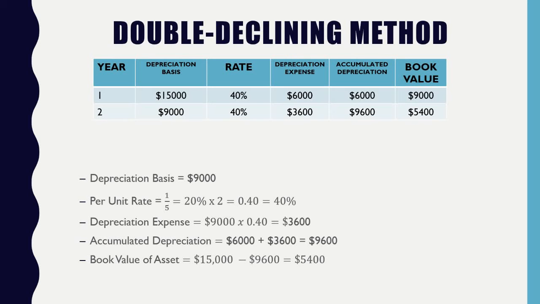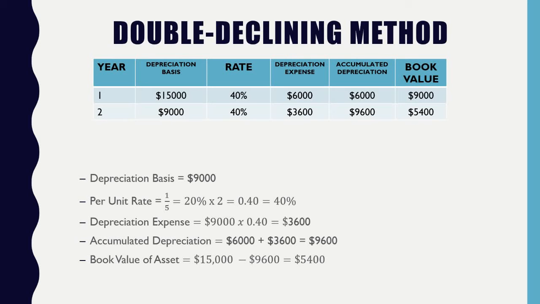Once we have that 3,600, we add it to our previous accumulated depreciation, so we're adding 6,000 to 3,600 to give us a grand total of 9,600.